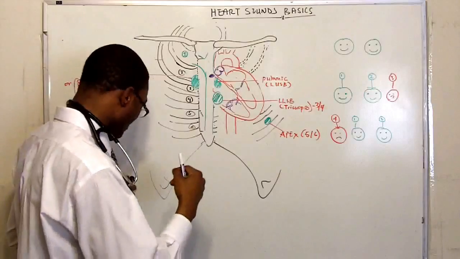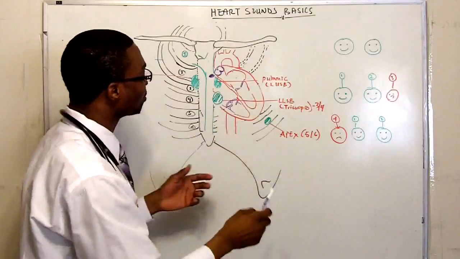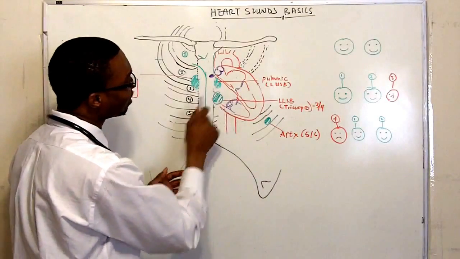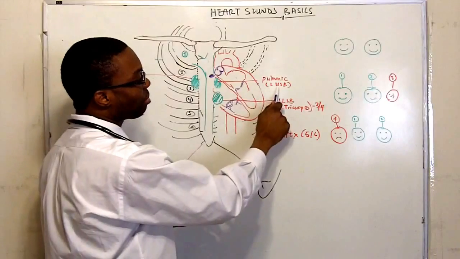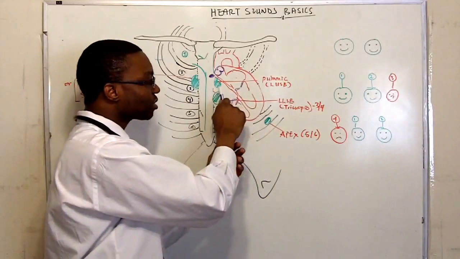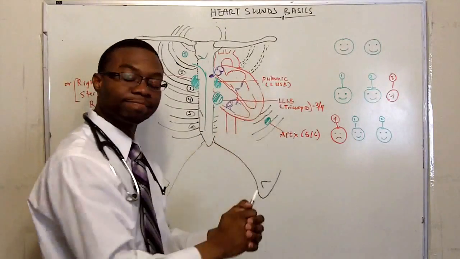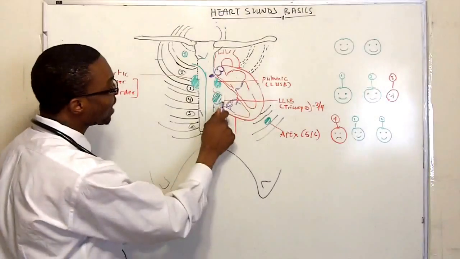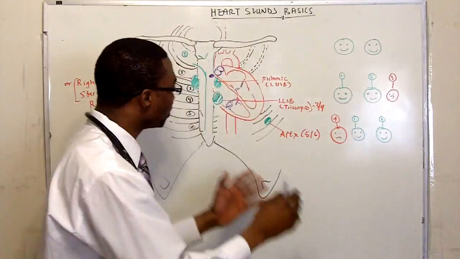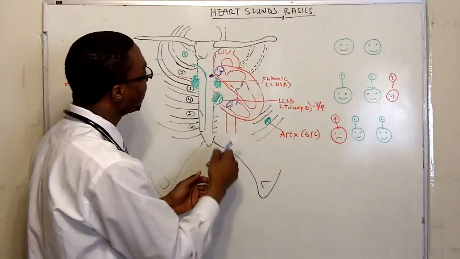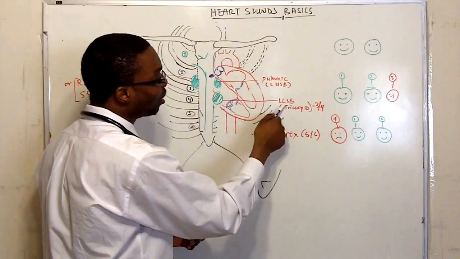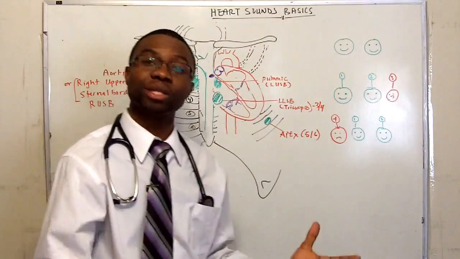In order to listen to our pulmonic valve, you have to listen next right here. That's called the left upper sternal border. To listen to anything that has to do with the tricuspid, you drop down a little bit, and you get the left lower sternal border, or the tricuspid region.